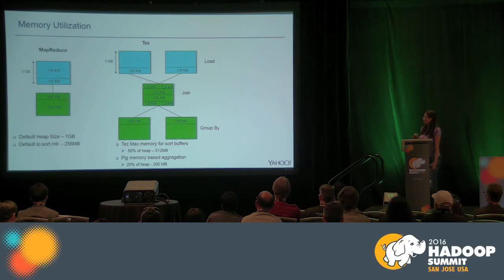So we decided, okay, we'll use more of the heap and leave less for the application, which generally worked. We took 50% of the heap and divided it between the inputs and outputs. And 20% of the heap was taken by the memory-based aggregation. This was good, but the performance was still slightly bad. So what we did was, once you fetch and sort the inputs, you don't need them. We released them and gave more to the output, so it became faster.